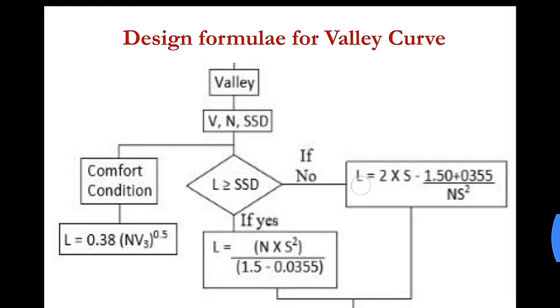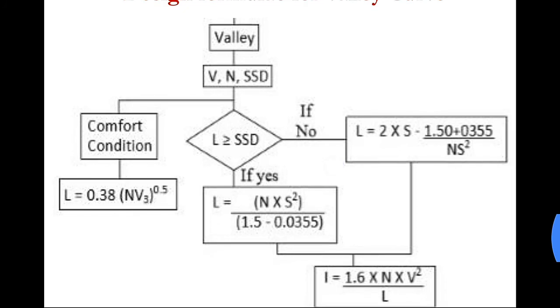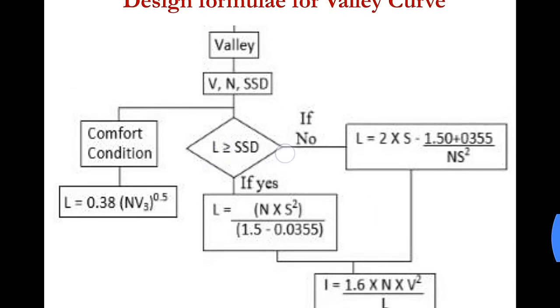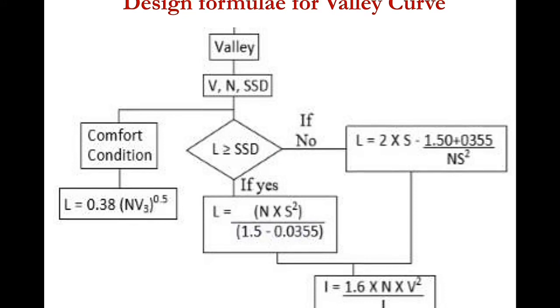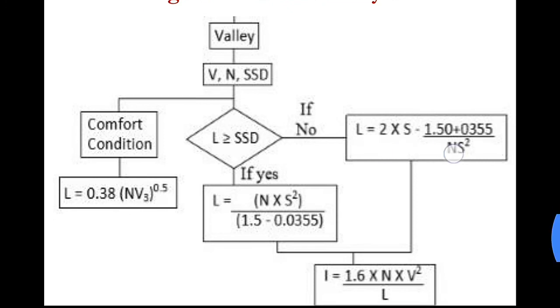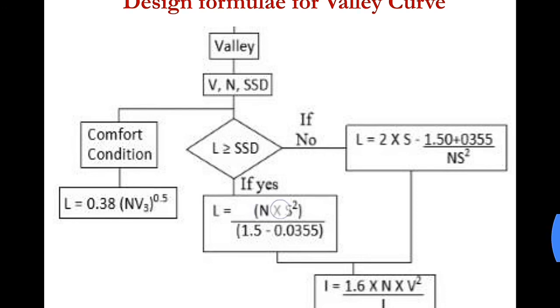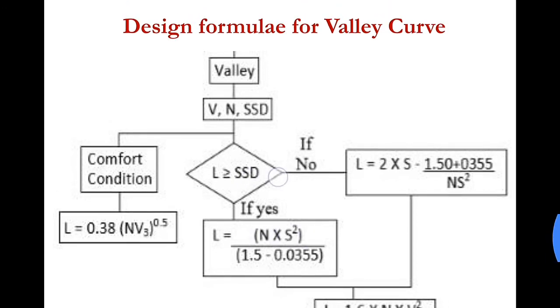Then we go for the second condition, where again we have two assumptions. If the length is greater than HSD, then we use this formula, and if the length is lesser than HSD, then we use this formula. First we assume that length of curve is greater than HSD, and we use L is equal to NS square divided by 1.5 minus 0.035, where N is deflection angle and S is HSD.